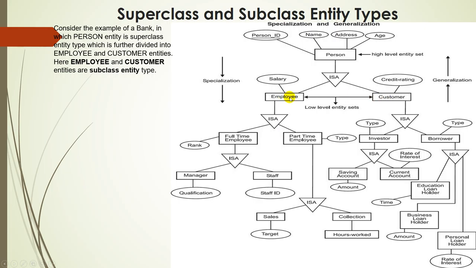Because the employee is a subclass of a person, or employee is a child of a person, this entity at this level has four fields from the parent: age, address, name, and person ID, and one more field named salary. So the employee is a special type of person.